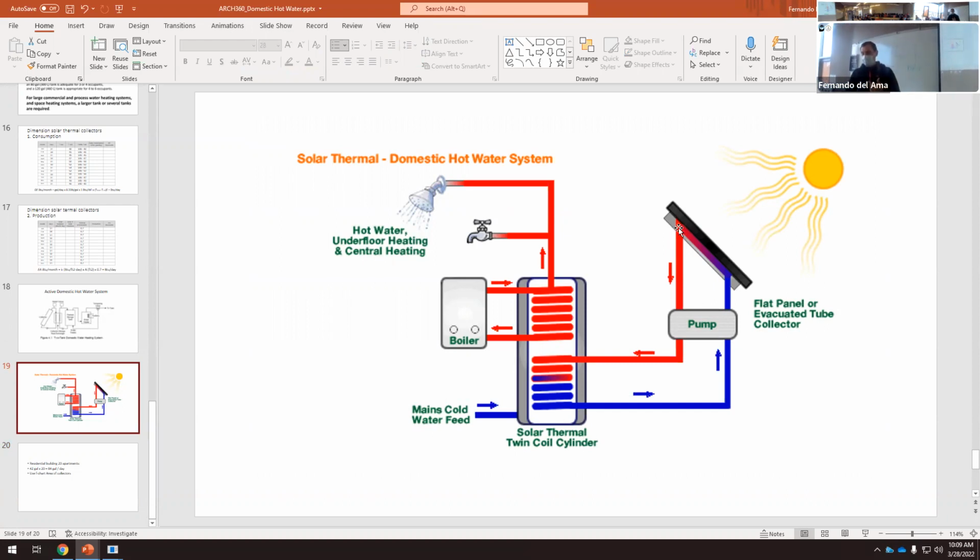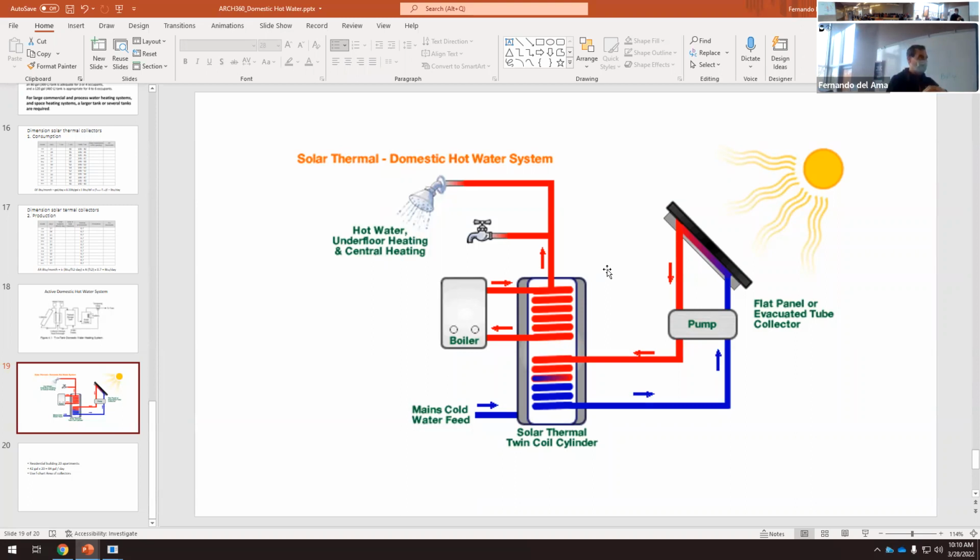And with this technology, I told you that there are problems in winter because we have freezing, but in summer, if the temperature that we get in this collector is above the boiling point, the system bursts. Okay, so we have to be careful in winter and we have to be careful in summer. If we place a lot of collectors and all of these collectors are exposed to the sun in summer and they are heating up water, at the end here we don't have 140 Fahrenheit. We have thousands of Fahrenheit, and then the system bursts.